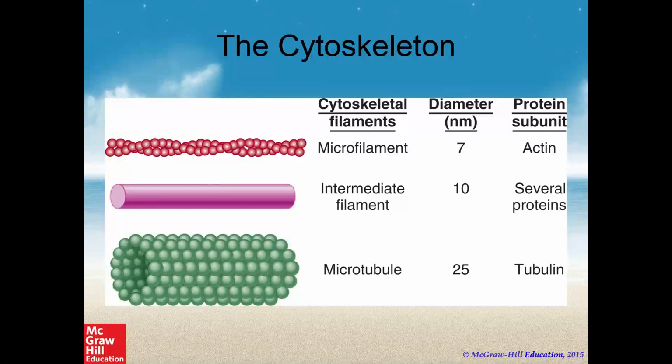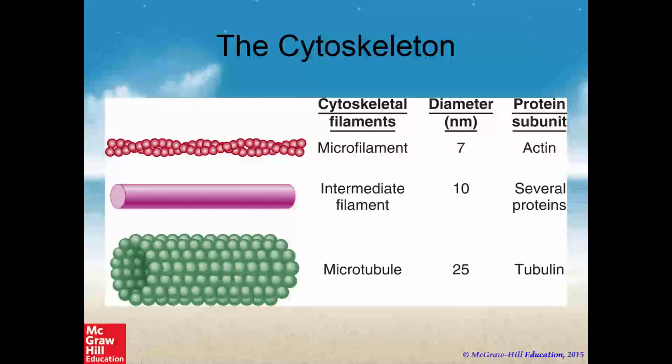Cells maintain their shape and transport things within the cell from one point to another using the cytoskeleton. It's basically the intracellular railway system, and also provides your structure. So a simple cuboidal cell is cuboidal because the cytoskeleton inside of it is making it cuboidal.